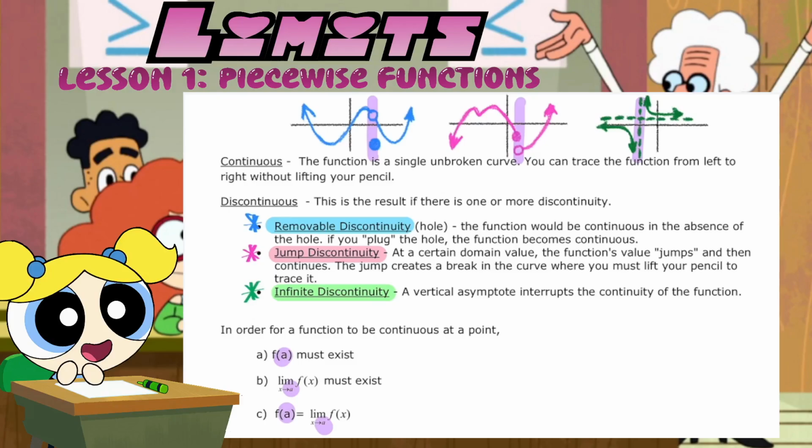So f of a must exist. Now, that point doesn't need to be there. If it's not, the blue one already fails. F of a does not exist. But if it does exist, and if it is there, then for now, blue is still in the running for continuity.